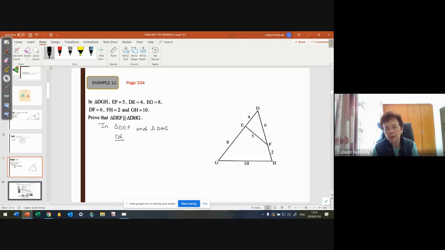And we look at the shortest side in the big triangle DHG. And your shortest side is going to be the 6 and 2. So it's going to be DH. And so that would have given us 4/8, which is equal to 1/2.